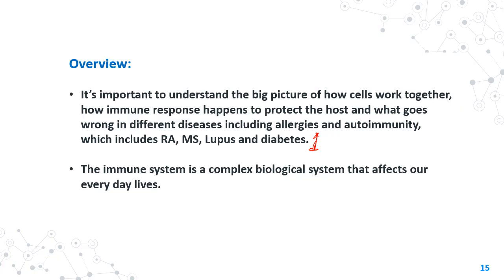So in order to understand what's going on, it's really important to take a step back and look at the big picture. So you're going to have several levels of defense. You're going to have all different types of cells that are going to work together. You're going to have friendly bacteria, opportunistic pathogens, real pathogens at any time, right?